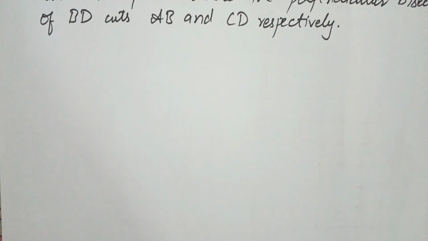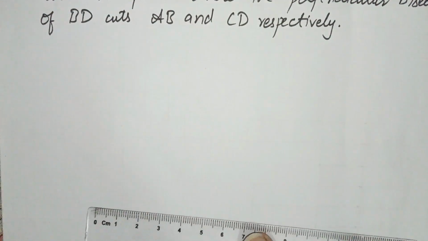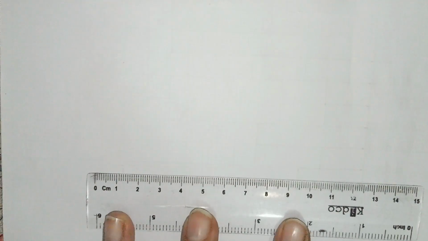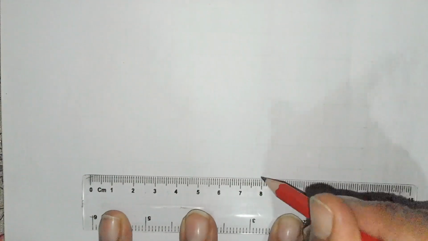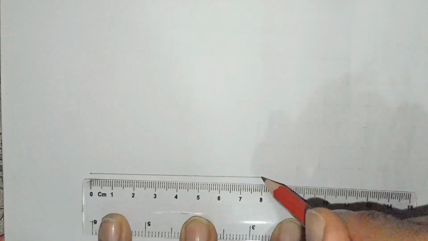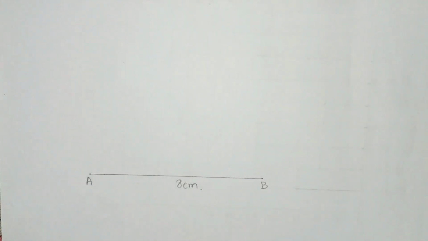AB is 8 centimeter. I am drawing the line of AB 8 centimeter using the ruler. AB 8 centimeter and BC is 5.5 centimeter.